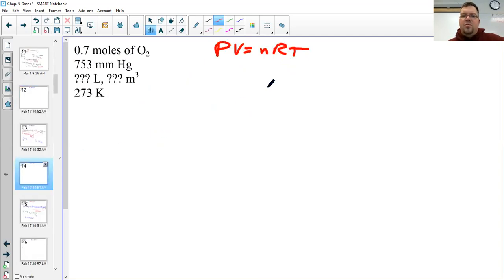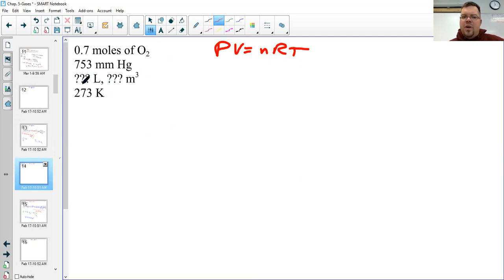Here's question number 2, again using the same equation. You're given moles of O2 gas. It's at 753 millimeters of mercury pressure, so its pressure is not in atmospheres. You've got to convert it to atmospheres before you can plug it in. You're given the temperature in Kelvin, so you don't have to do any converting.